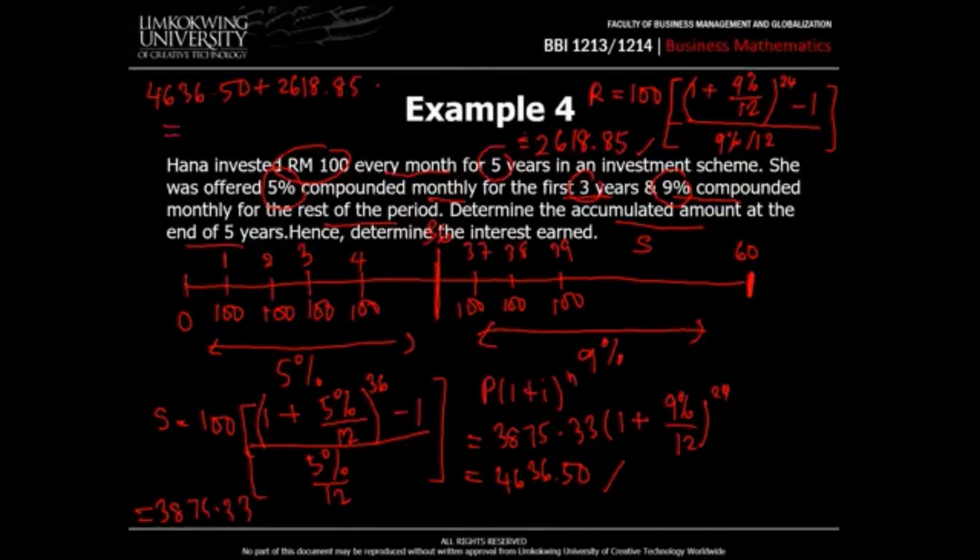So what is the final answer? 7255.35. Okay, so this is the final value at the end of 5 years. Any questions so far?